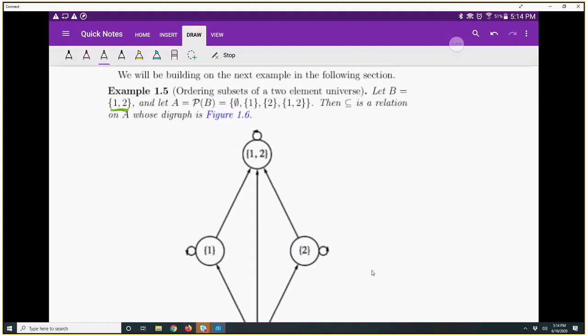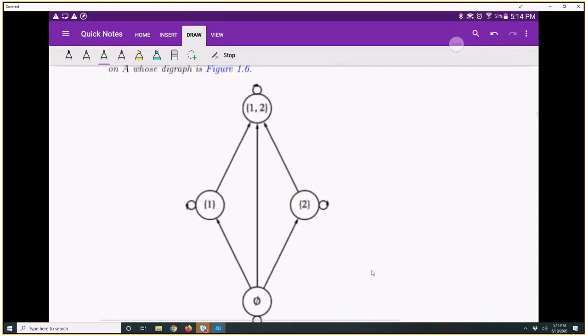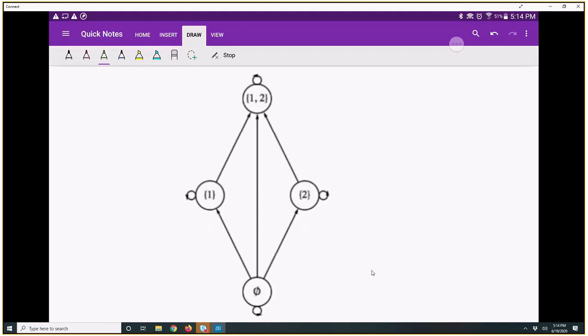And if a set is a subset of another set, then we'll have a directed edge initiating at the first set and terminating at the set that it's included in. So we can see from the graph that the empty set, well, that of course is a subset of every set, so it will have an edge initiating at the empty set, terminating at singleton 2, initiating at the empty set, terminating at the set B, initiating at the empty set, and terminating at the set singleton 1.